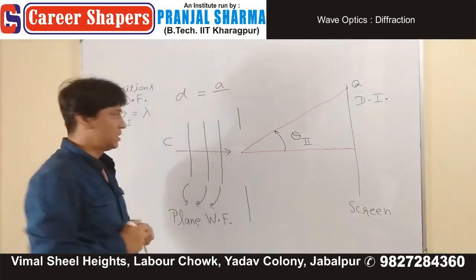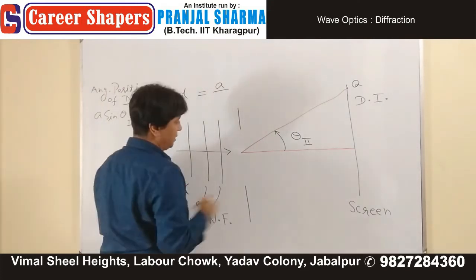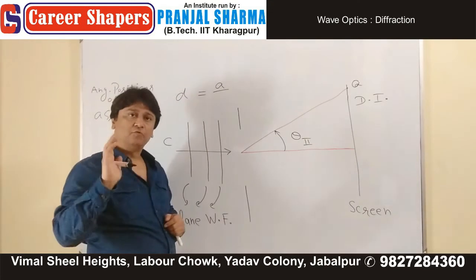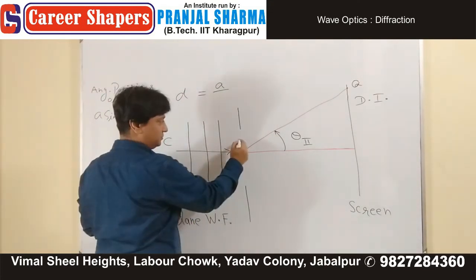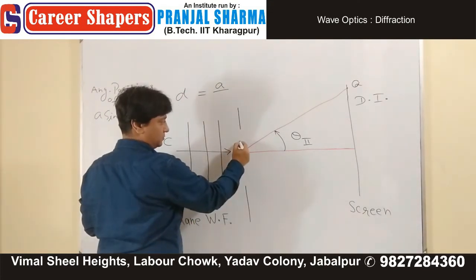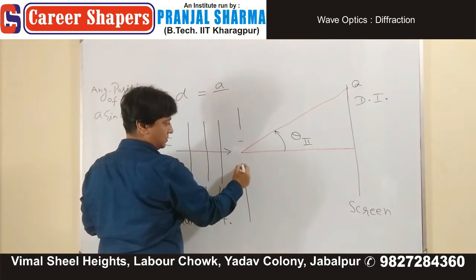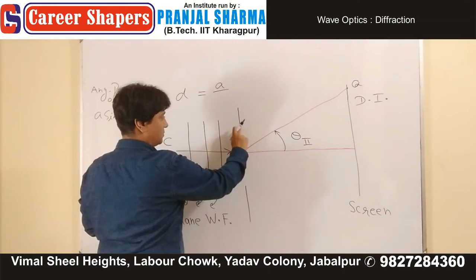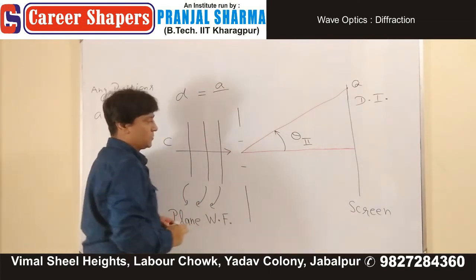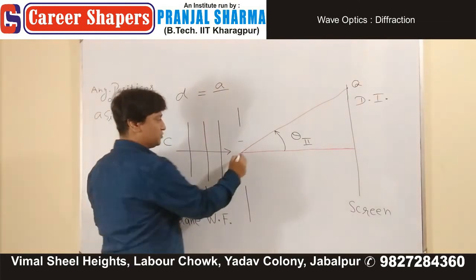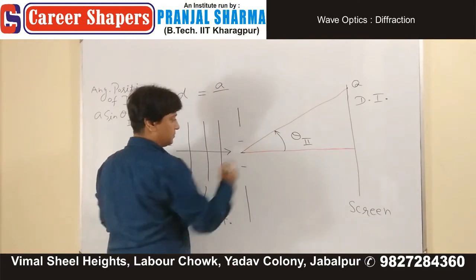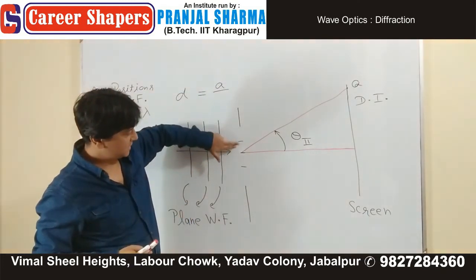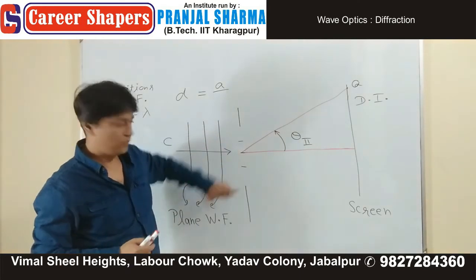This time, we have divided the slit opening A in 4 equal segments. So these are the 4 equal segments which you see: first, second, third, fourth.